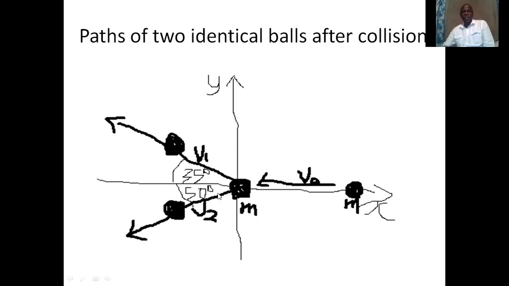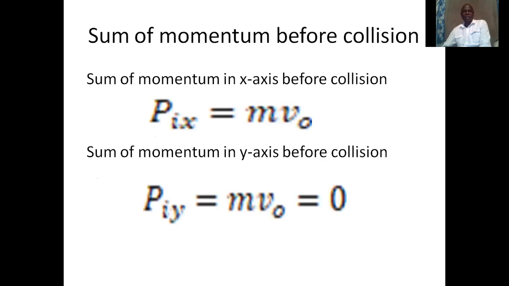And so this is a question that I feel will help us to develop concepts in solving questions on linear momentum. And so the sum of momentum before the collision, as we are aware, should be equal to the sum of momentum after the collision.